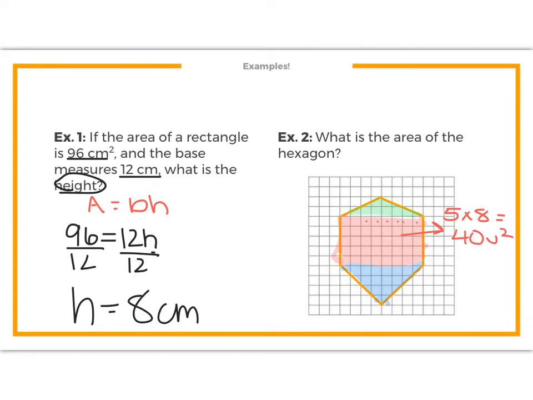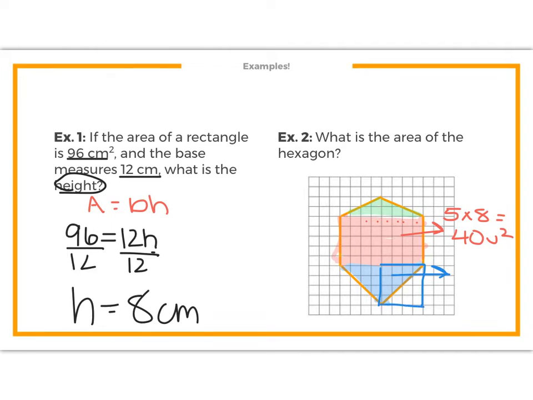Looking at the blue triangle, if I cut this in half, this half is going to be the same as this piece would be. So instead of finding the triangle, because we might know that formula, but we don't know it quite yet technically, I'm going to look at this square instead.